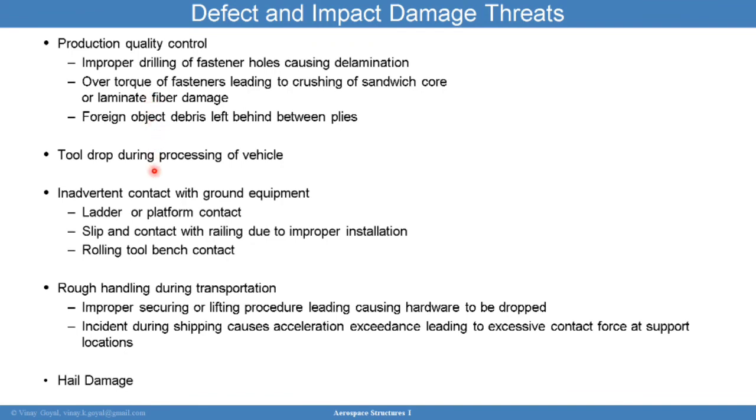Tool drop during processing of the vehicle. You could also have inadvertent contact with ground equipment, such as a ladder or platform contact, or a slip and contact with a railing due to improper installation. An example of this is that there were a few incidents where a catering company came in and contacted an aircraft.